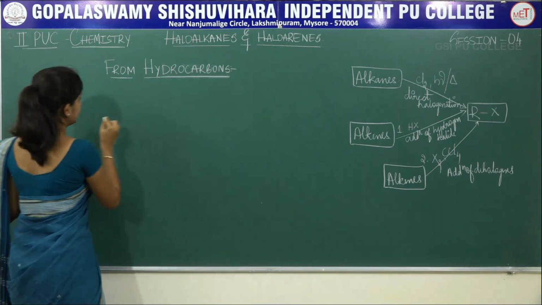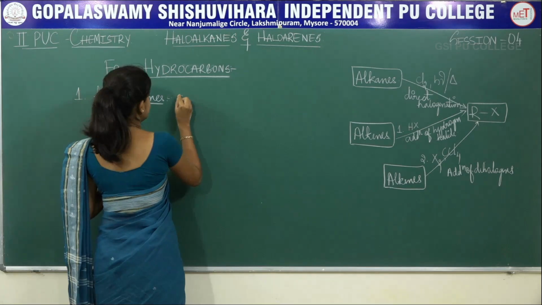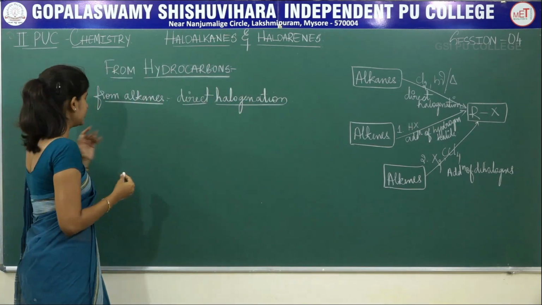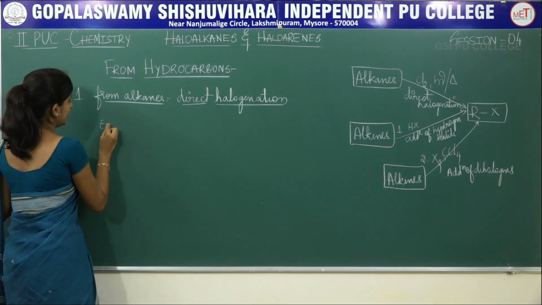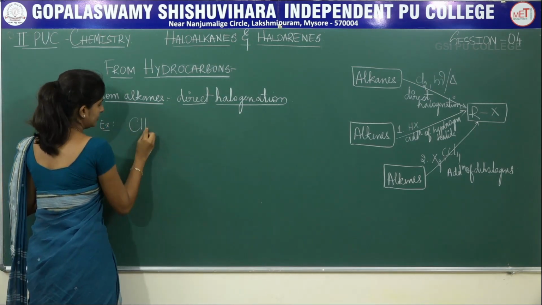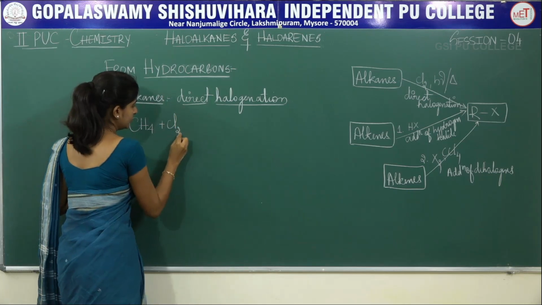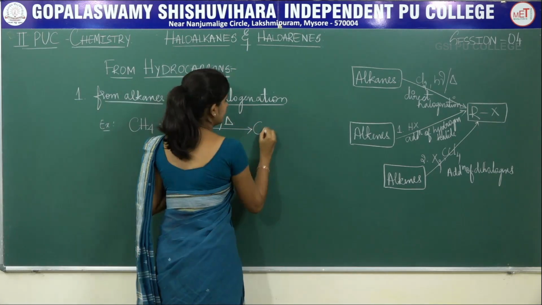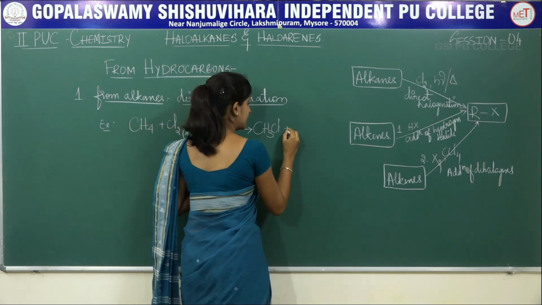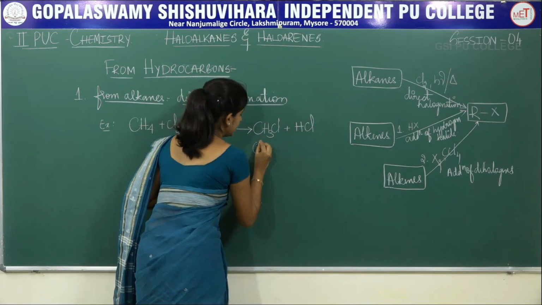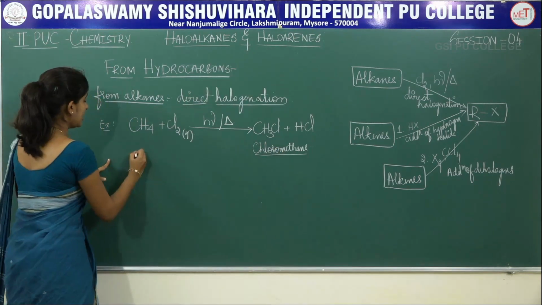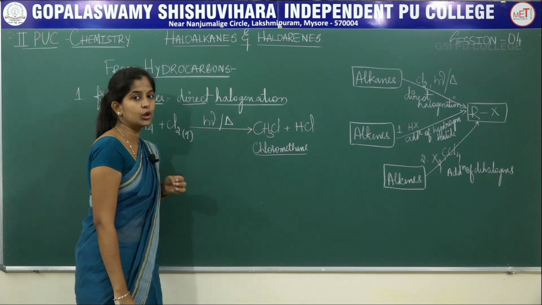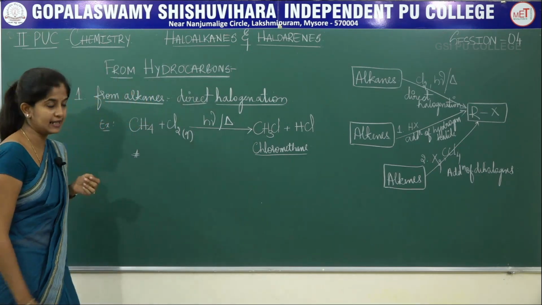So coming to your first method, it is from alkanes. It is direct halogenation. This you have studied in your first PUC itself. So if you see the reaction, if you take an example of methane reacting with chlorine gas in presence of light or heat, you get CH3Cl plus HCl. This is your chloromethane. The first thing you have to know about these reactions, that is direct halogenation, is that they undergo reaction through free radical mechanism.